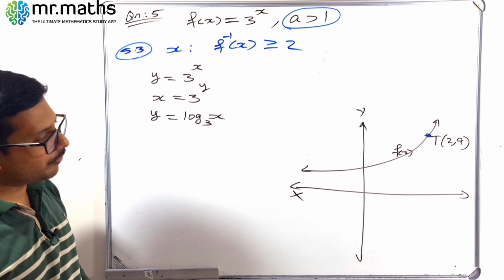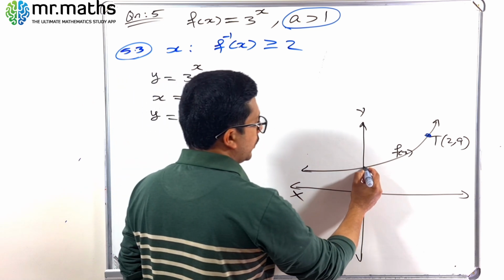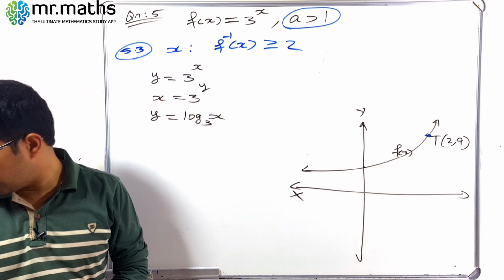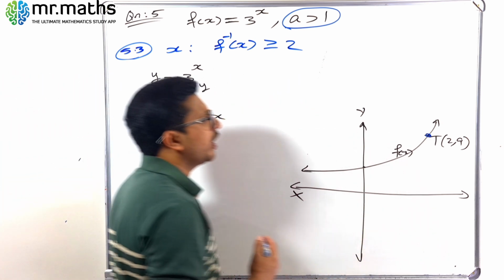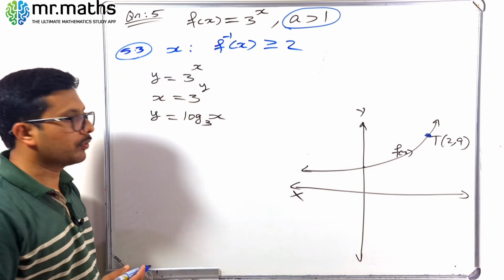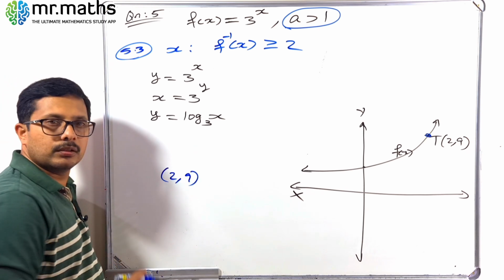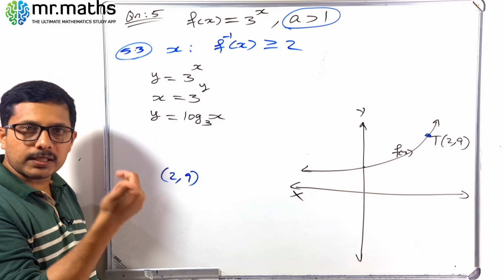So now if I try to draw that graph, you can see this is one. Is there another method to draw the graph? You know there is the point 2 comma 9. When it is f inverse, you are supposed to swap x and y.